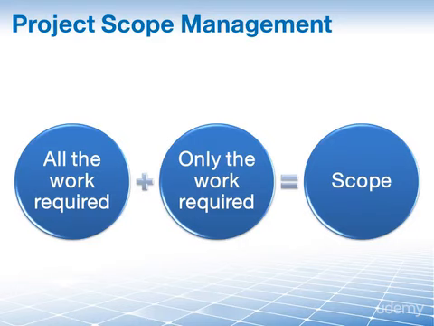And to do that successfully, you want to plan, collect, define, create, validate, and control your scope, which happen to be the 6 processes that are part of project scope management, which is what we're going to take a look at next.